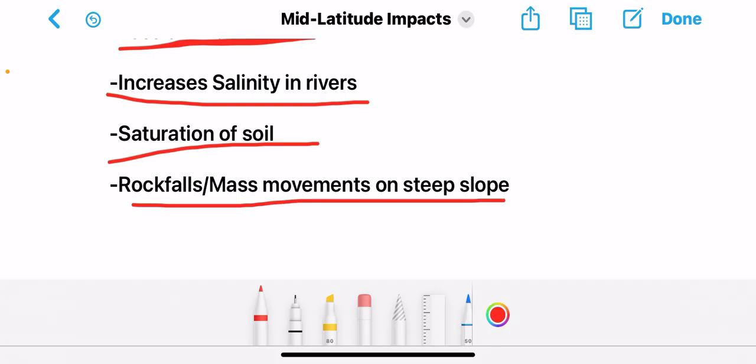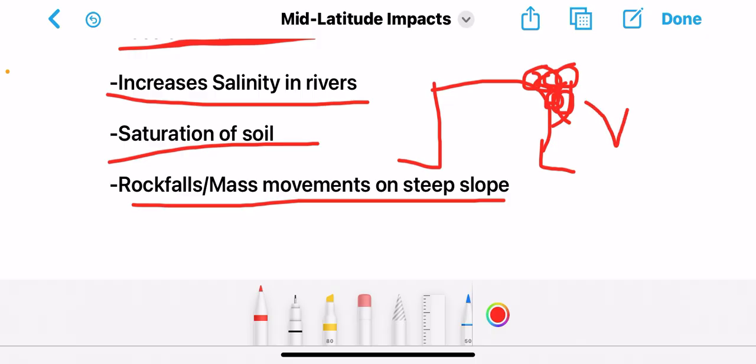When we speak about rock falls and mass movements, let's say this is a mountain. Now let's say there are rocks here, which this mountain has. When there is heavy rainfall, heavy rainfall can cause these rocks to fall on the ground.